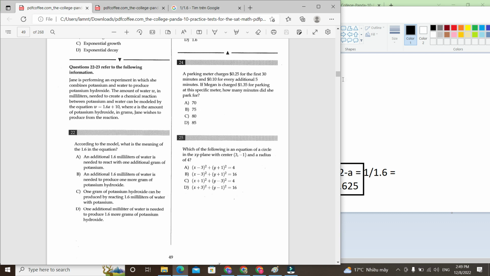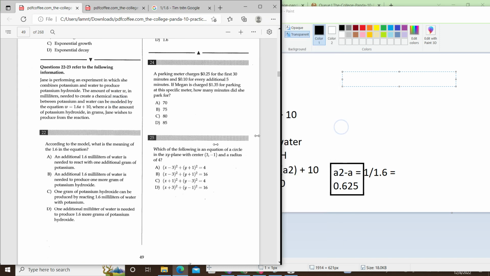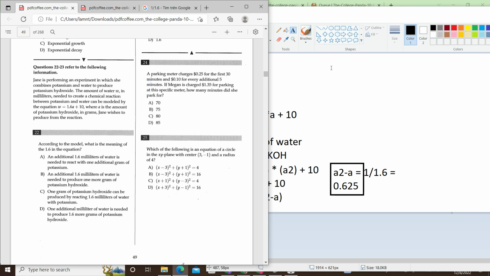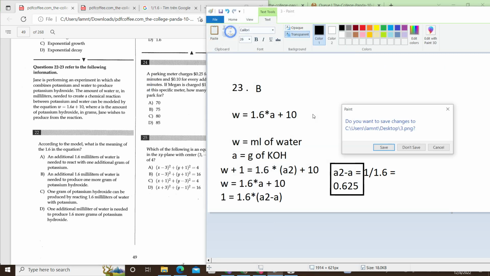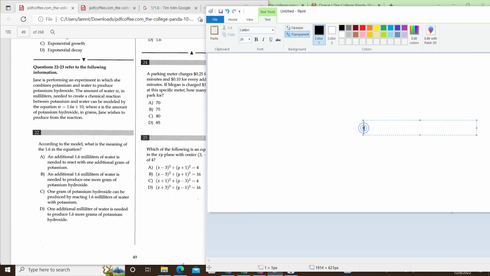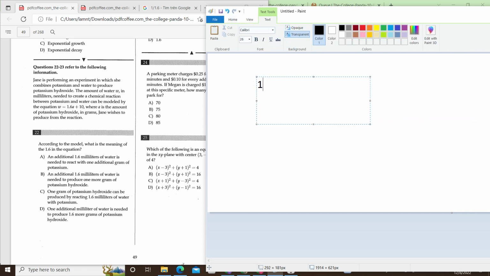So initially she was charged 0.25, right? The total charge is 1.35.